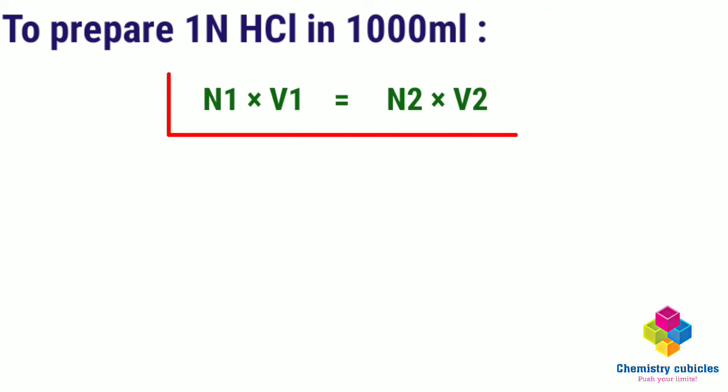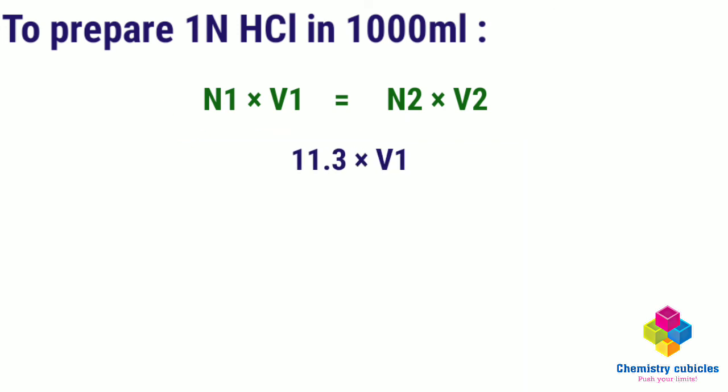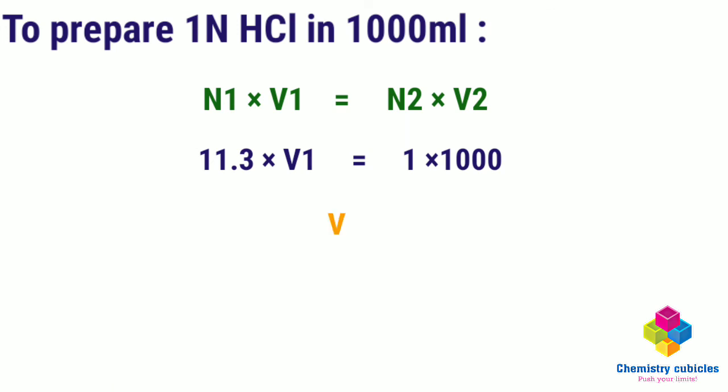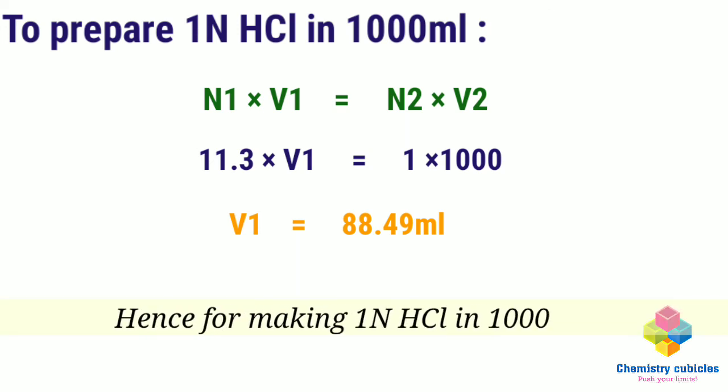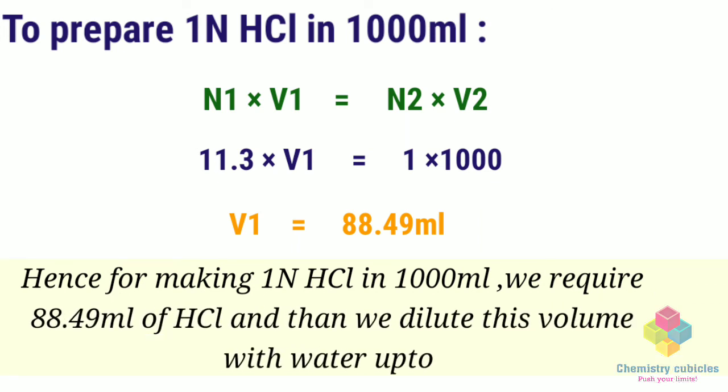We have N1V1 is equal to N2V2, where N1 is 11.3, into V1, which we have to calculate, is equal to N2, which is 1, into V2, which is 1000 ml. Hence, V1 comes out to be 88.49 ml. So for making 1 liter of 1 normal HCl, we require 88.49 ml of HCl, and then we dilute this with water up to 1 liter.